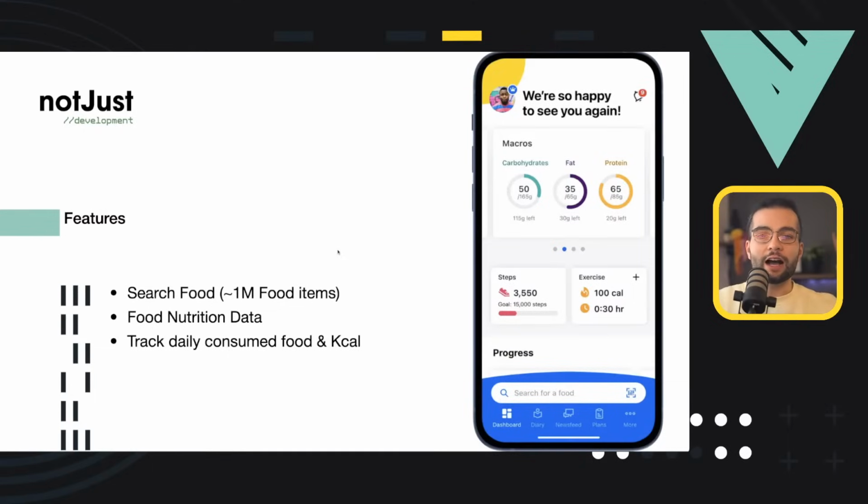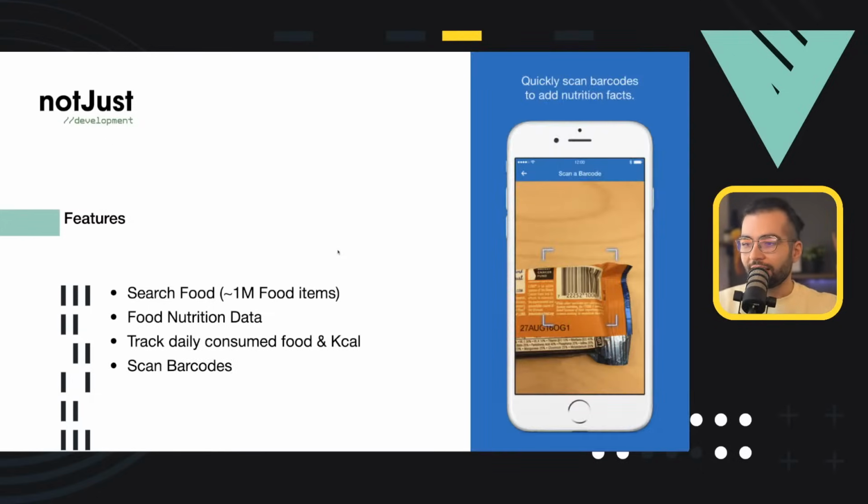This is going to be our custom features that we're going to build on top of the existing external API, to be able for users to track what they're consuming over a day, maybe give suggestions and so on. And at the end of the tutorial, stay tuned because we are also going to implement a barcode scanner to easily add a specific food in the application.